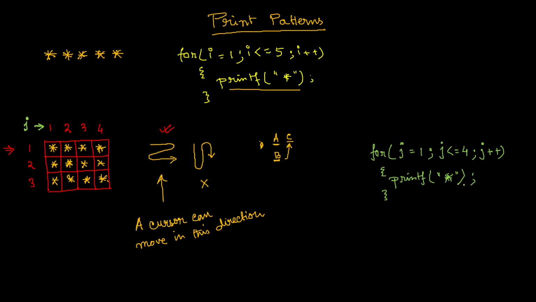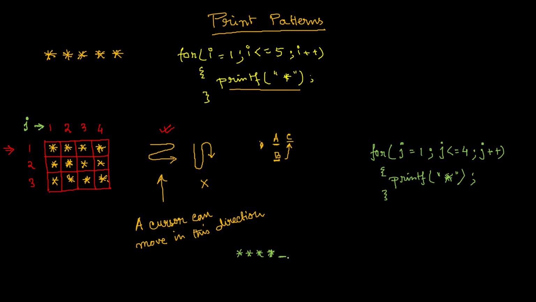If you execute this for loop once, what will happen? 4 stars will be printed, and then your cursor blinks over here, right?